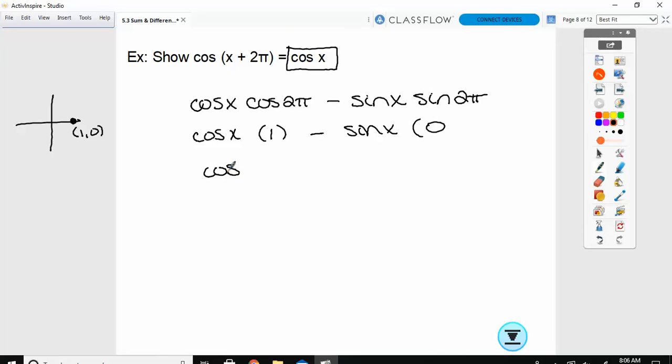So cosine x times 1 is cosine x, minus sine x times 0 is just 0. So we get cosine x. Questions?